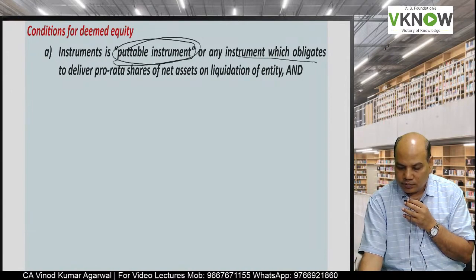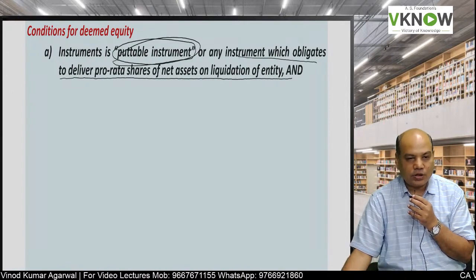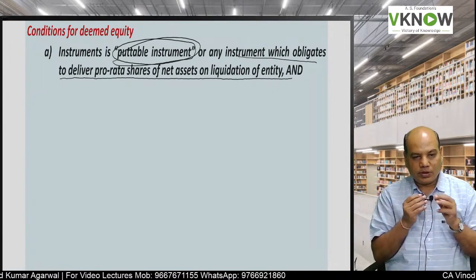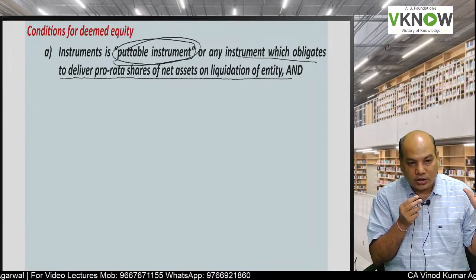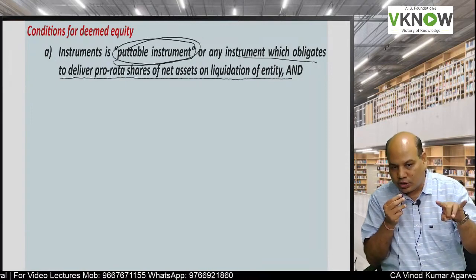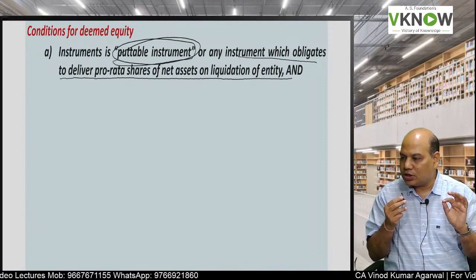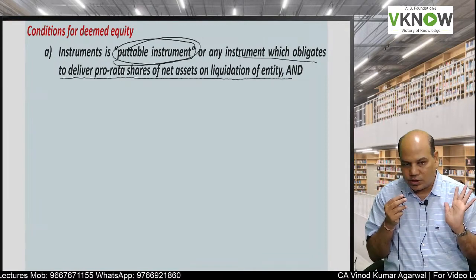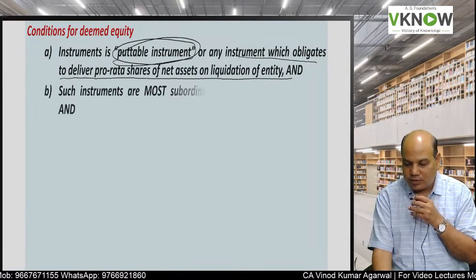Or an instrument which obligates the entity to deliver a pro rata share of net assets on liquidation. That means the holder will get a pro rata share in net assets, but at the time of liquidation. So he is getting cash also, but that cash is paid at the time of liquidation. Such instruments are treated as deemed equity.